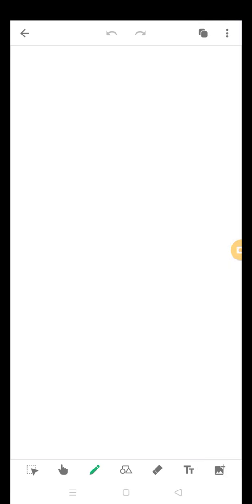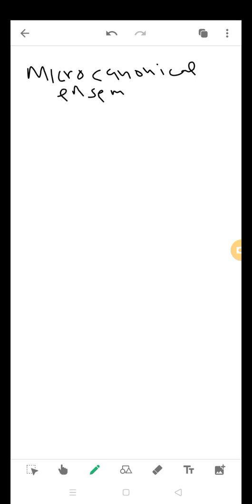Coming to the microcanonical ensemble, these are a collection of independent assemblies having the same energy.